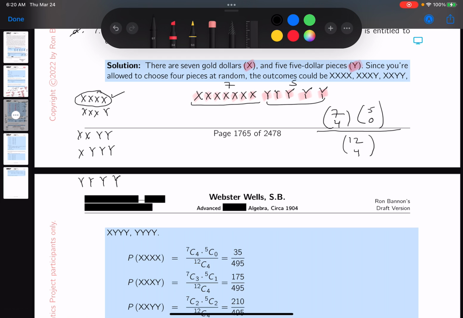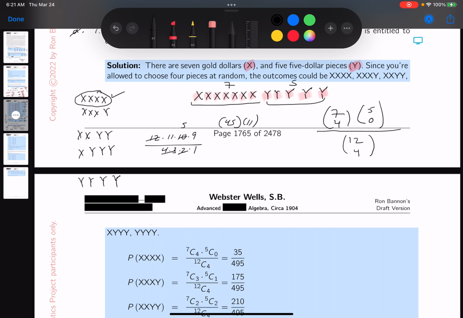We'll do that computation, and I'll do it one step at a time. So let's see, 12, 4. That's going to be 12, 11, 10, 9, 8 factorial, and 4 factorial on the bottom. Kind of nasty number, isn't it? That's 5. 5 times 9 is 45.